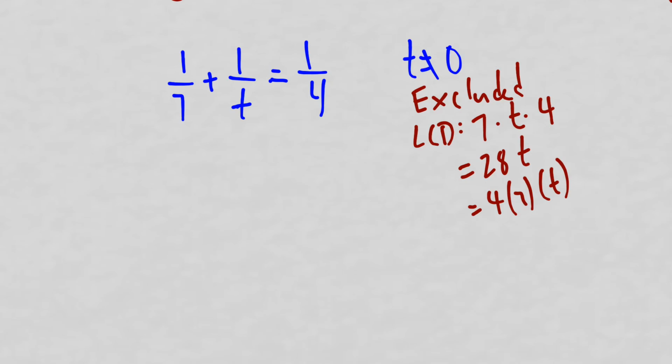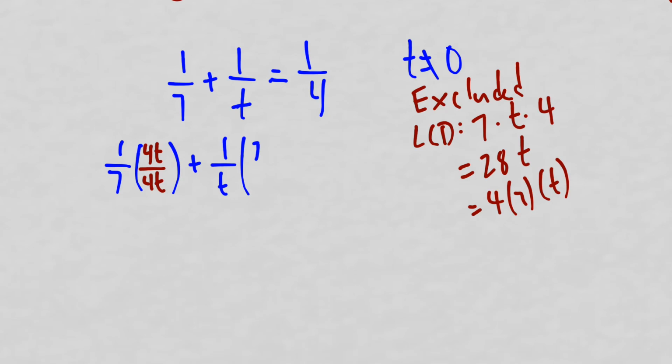I have 1 over 7. What's missing from that one to turn it into 28T, or 4 times 7 times T? 4T, right? It's missing a 4 and the T. 1 over T. What's missing from that one to turn it into 28T?